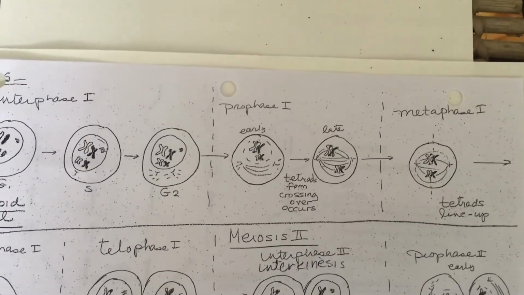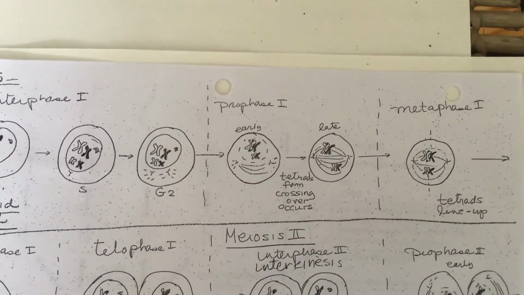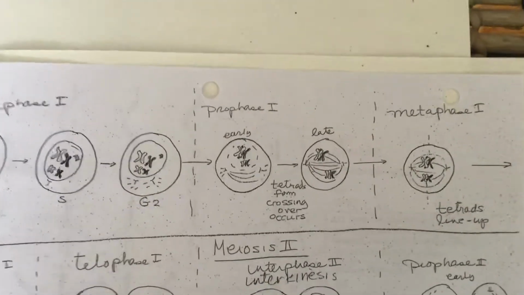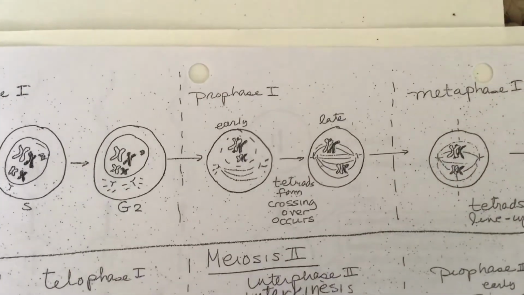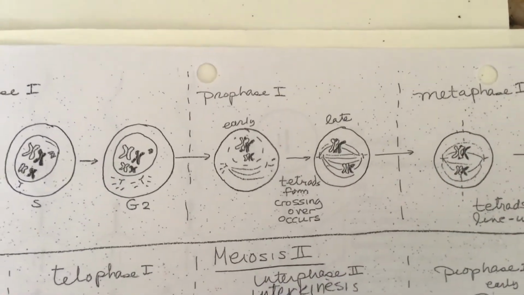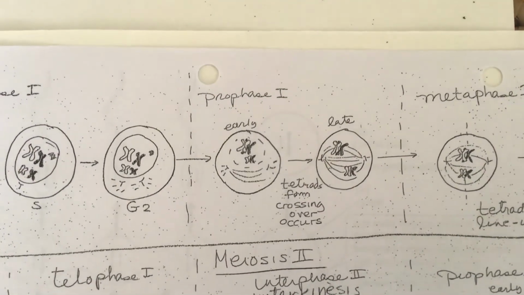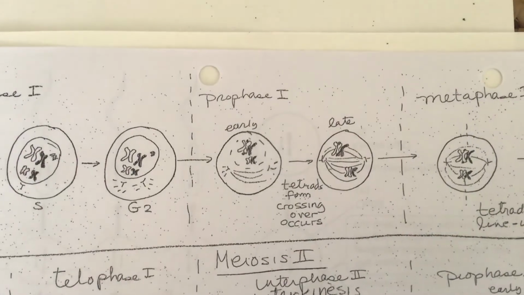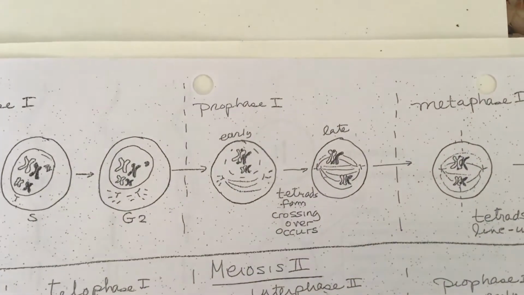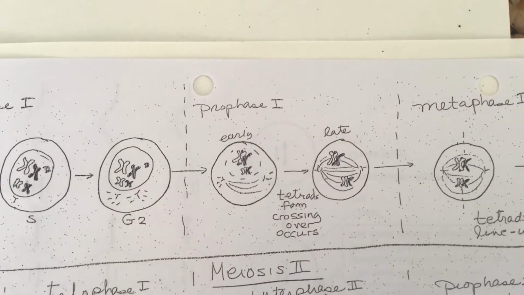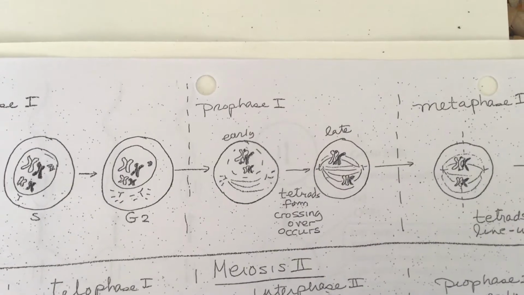But what's really different is that instead of individual chromosomes being free in the cytoplasm, the tetrads that we just talked about and crossing over that we just talked about is occurring. So the tetrads are going to be joined to the spindle. So you have the homologous pairs paired up with their sister chromatids, and they will be crossing over at this point or exchanging information. Now you won't really see this crossing over until anaphase.